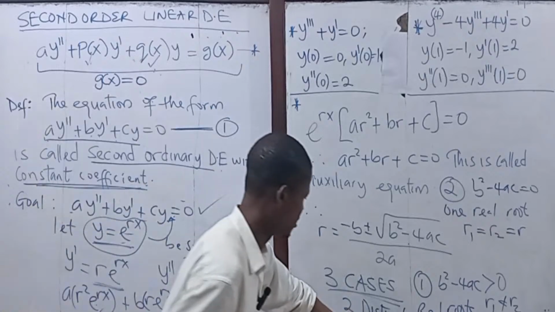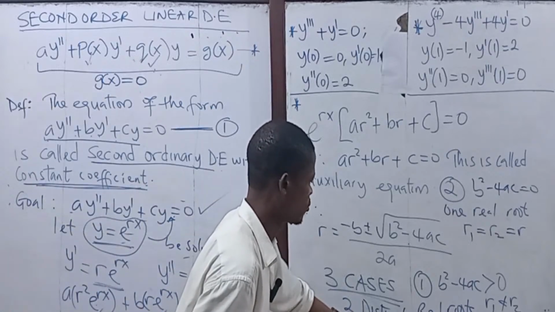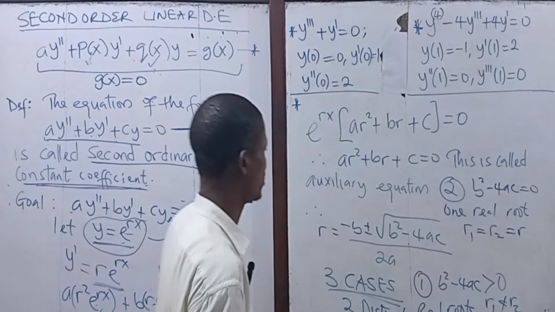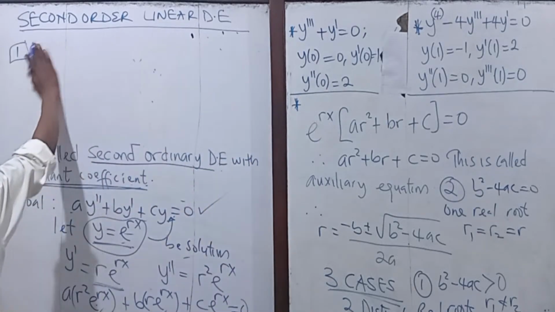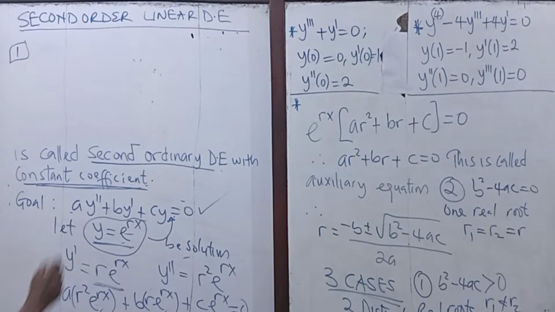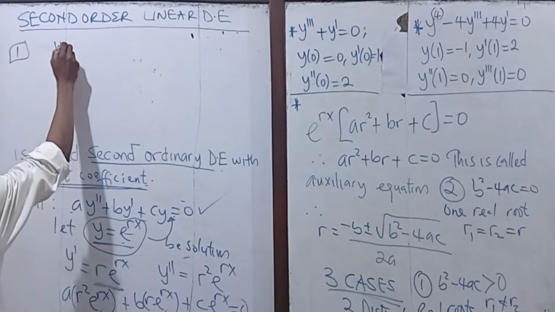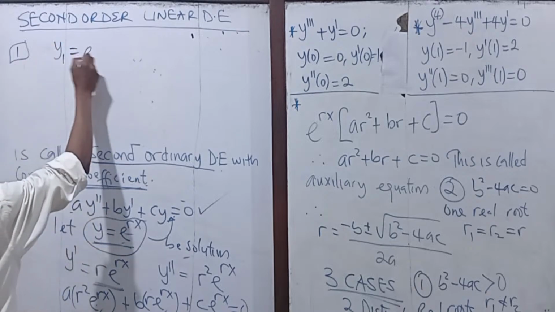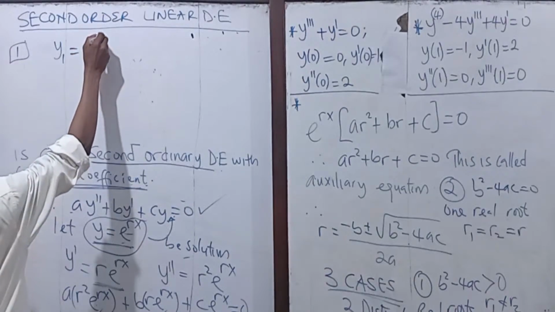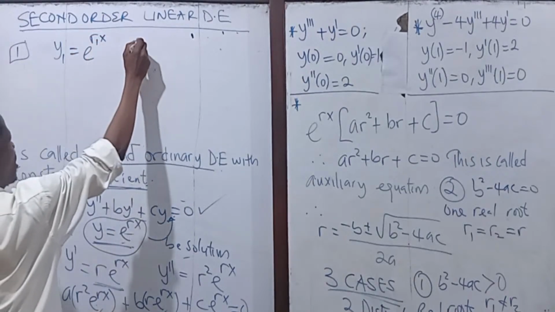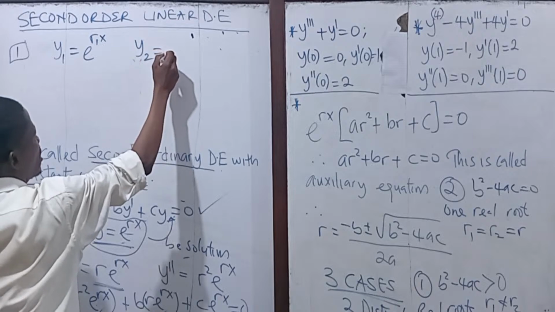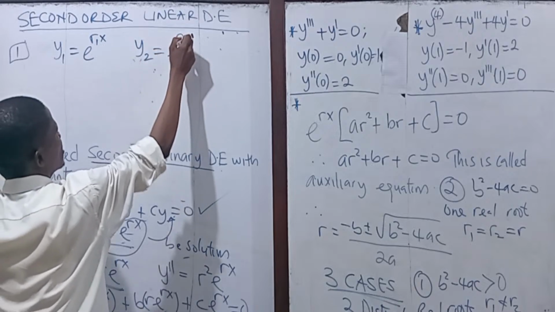For case 1, the general solution: we have y1 equal to e to the power R1 times x, and y2 equal to e to the power R2 times x.